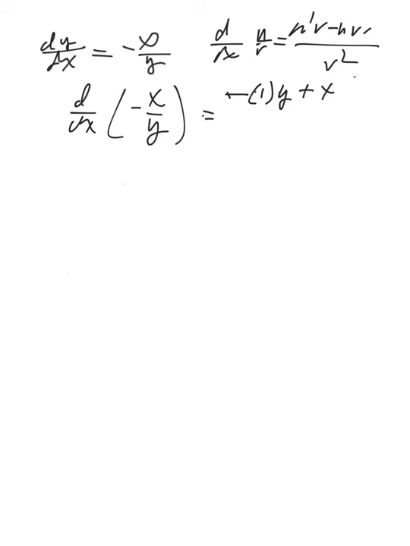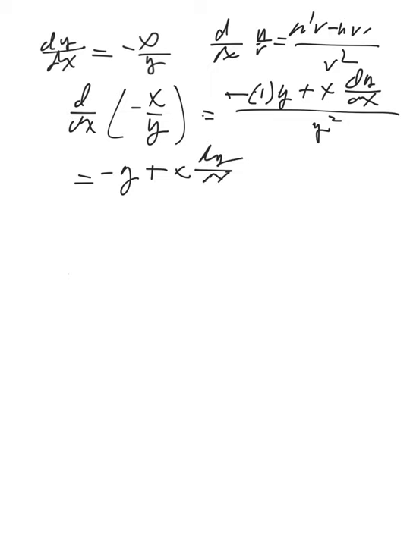V prime dy dx all over the bottom squared. So that is negative y plus x dy dx over y squared.